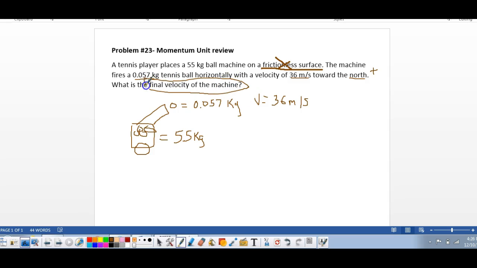Okay, so in this problem, really what it's talking about, and the one we need to use, is the law of conservation. So I'm going to put law of conservation of energy.